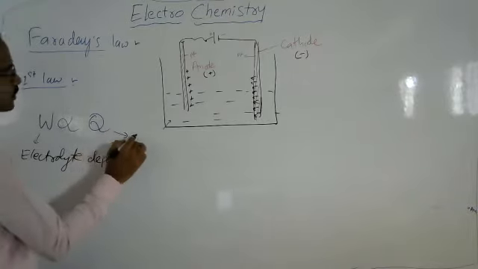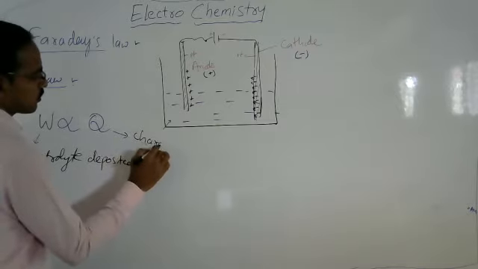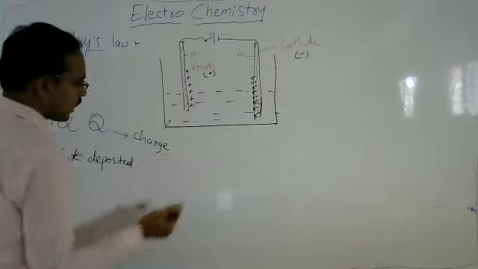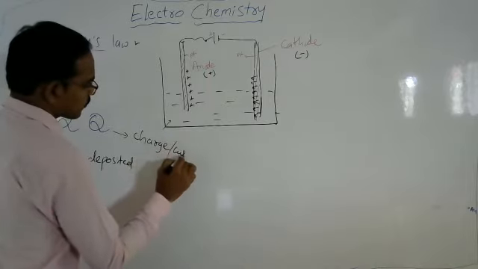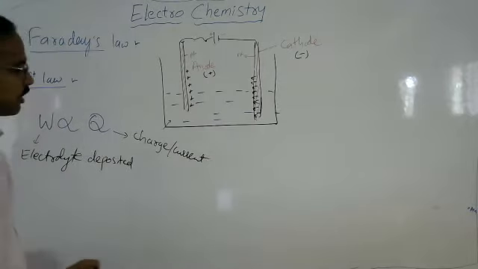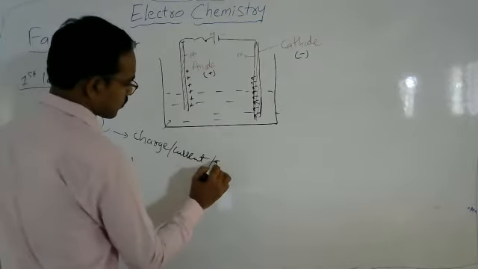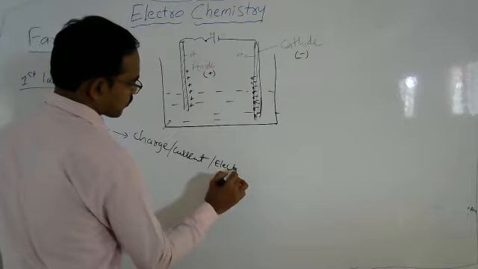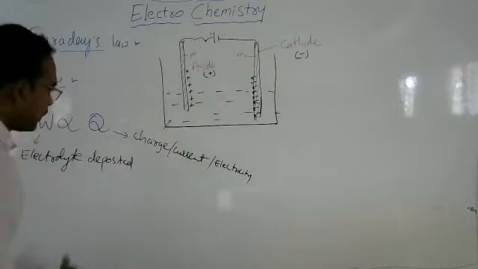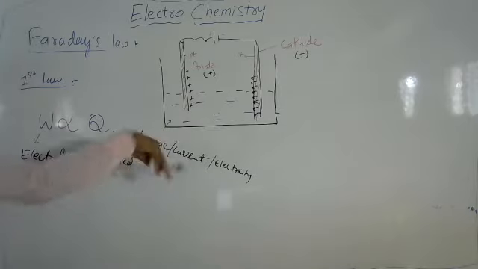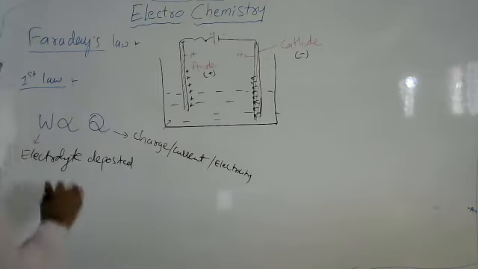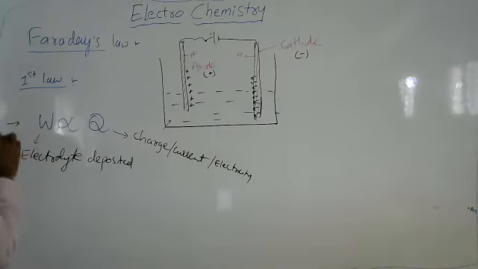Q is the charge which we send, or we can say current, electricity. How much charge we send is directly proportional to how much is deposited. This first point is clear to everyone.